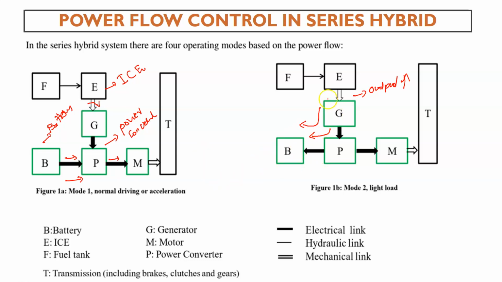Here this line represents the hydraulic link between the fuel tank and the engine. This F means fuel tank. E is nothing but the ICE, that is the internal combustion engine. It can be either a diesel or petrol engine. This is the generator, this is the motor, and this is the power converter.